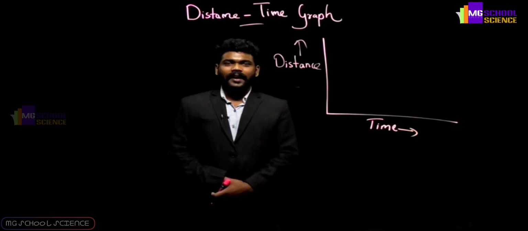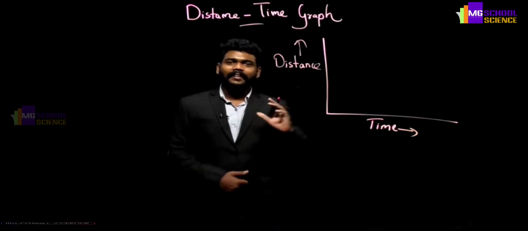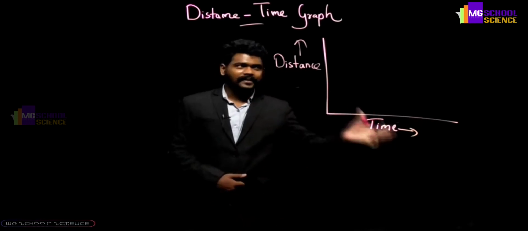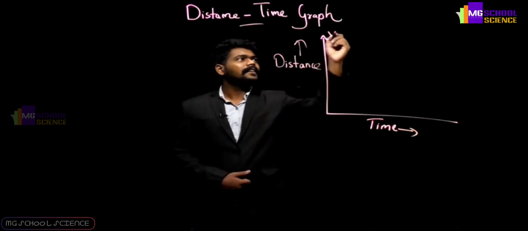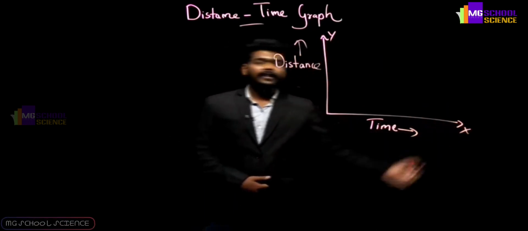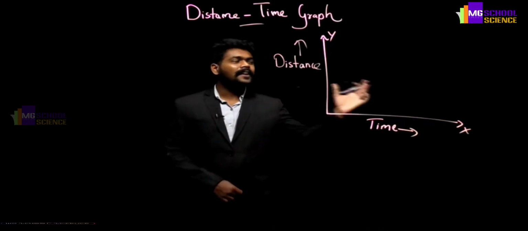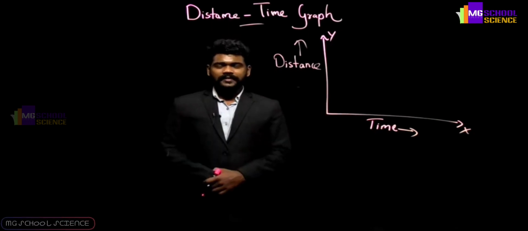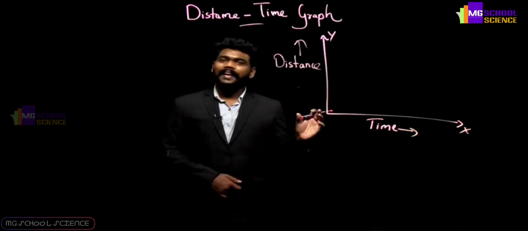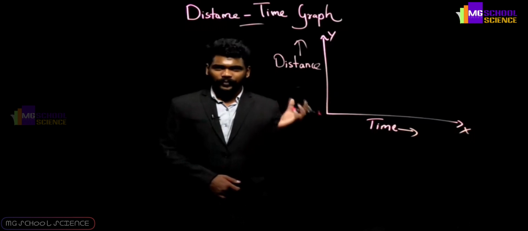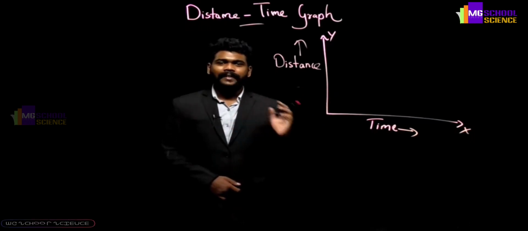Distance time graph: a graph between distance and time, that is time on the x-axis and distance on the y-axis, is called a distance time graph. When an object is in motion with respect to time, it can be represented in a distance time graph. The distance time graph can be used to represent various types of motion such as uniform motion, non-uniform motion, etc.